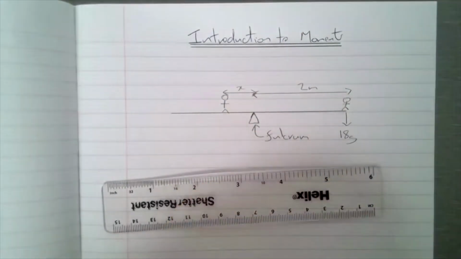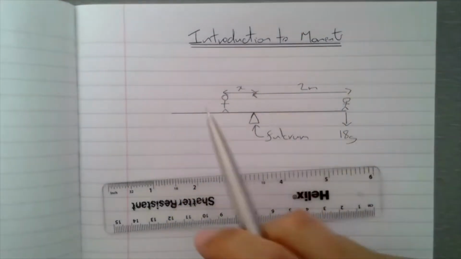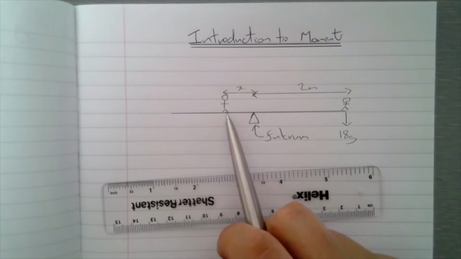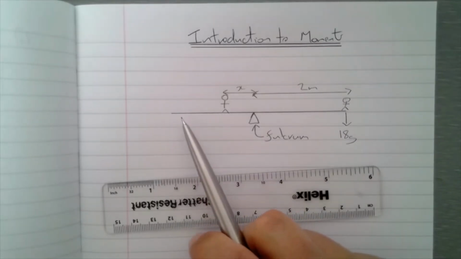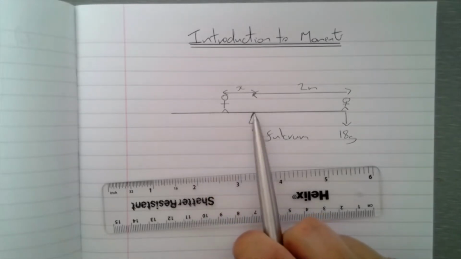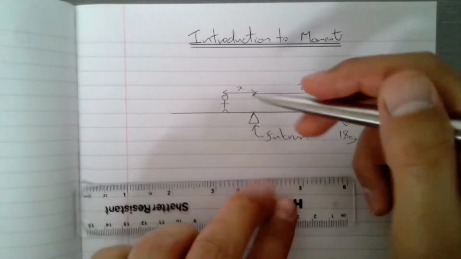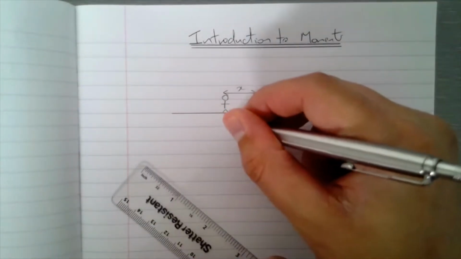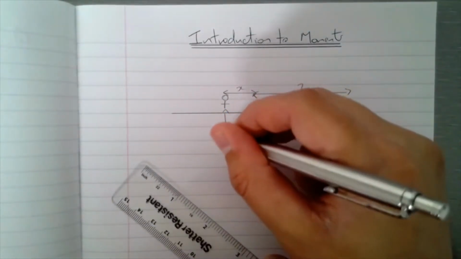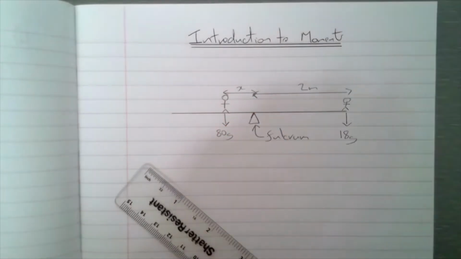And I think, where shall I sit on this side so that Max and I can actually do a seesaw, as opposed to me just sitting right at the end here and him never being able to go up, or me flying him up in the air, or sitting so close to here that I can't do anything whatsoever. So there is some point along here which is optimum for me to actually have a bit of a seesaw with Max. Now I weigh roughly 80 kilograms, so my force going downwards is 80G, 80 times gravity.